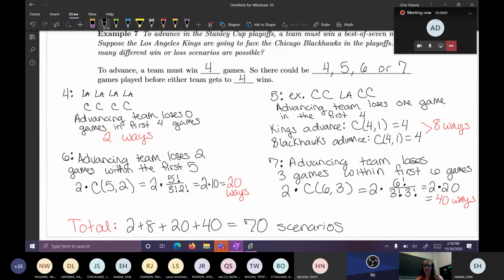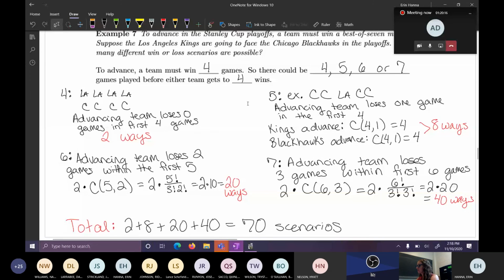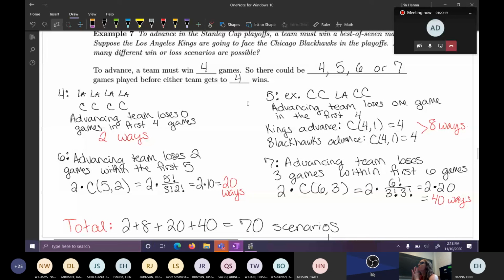So the next thing we have to talk about is... now if you printed out these notes a little while ago, so Dakota, essentially it's like, yes, and the reason being, if we say LA wins the first 4 games, we don't have to list it as game 1, game 2, game 3, game 4, or game 4, game 3, game 2, game 1.